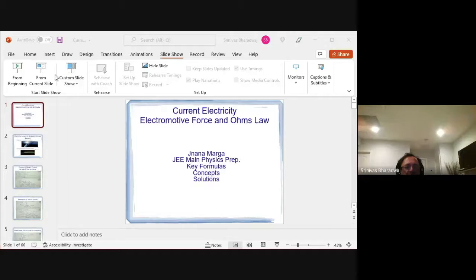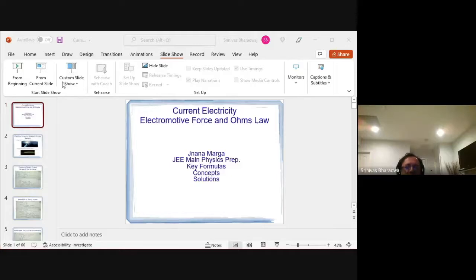They are saying VB1 minus VB2. If B1 is the voltage here and B2 is the voltage here, the voltage difference between B1 and B2 is V, and that is E1 minus IR1 or E2 minus IR2. So that relates these two, right?